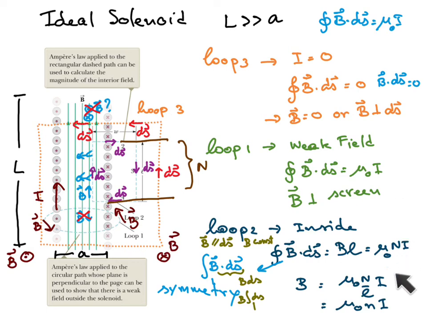So if we compare the current I here, I is the current in each wire, but in this case we have this n times I. So the magnetic field inside must be very large compared to the magnetic field outside the solenoid. That is the reason why we call this the weak field, because the magnetic field outside the solenoid will be weak if compared to the magnetic field inside the solenoid. Okay.